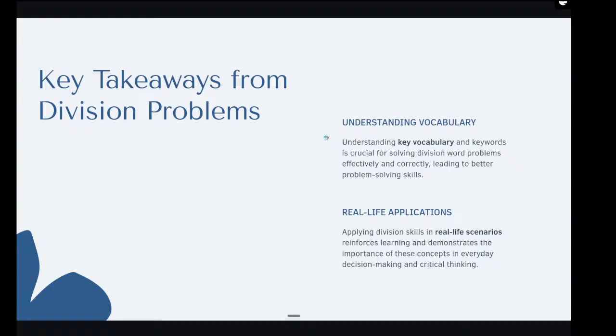Key takeaways from division problems. Understanding vocabulary. Understanding key vocabulary and keywords is crucial for solving division word problems effectively and correctly, leading to better problem-solving skills. Real-life applications. Applying division skills in real-life scenarios reinforces learning and demonstrates the importance of these concepts in everyday decision-making and critical thinking.